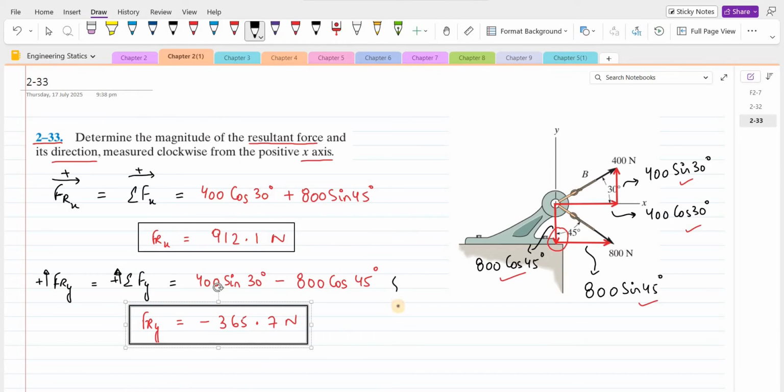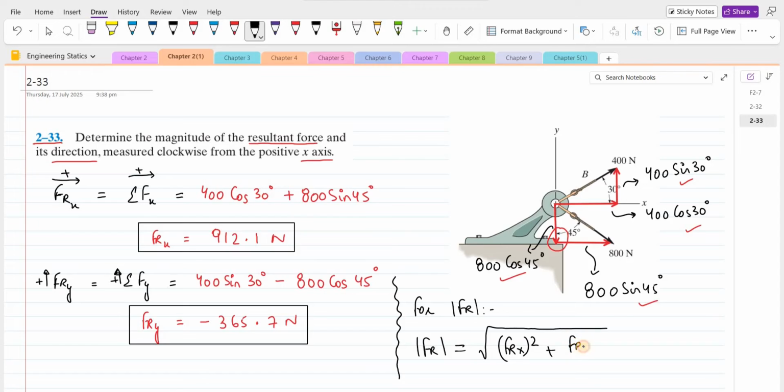Now for the magnitude of the resultant force, we can use the Pythagorean theorem, which is the square root of F_Rx squared plus F_Ry squared.